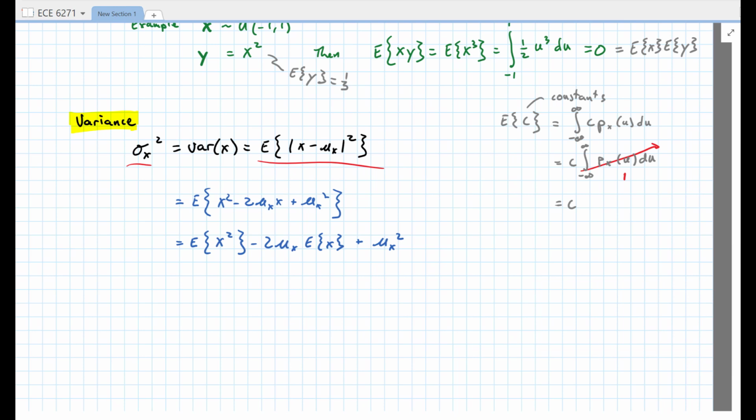Okay, so there we are. This value right here is just mu x. So we're going to get the expected value of x squared minus 2 mu x squared plus mu x squared, which gives us minus mu x squared.